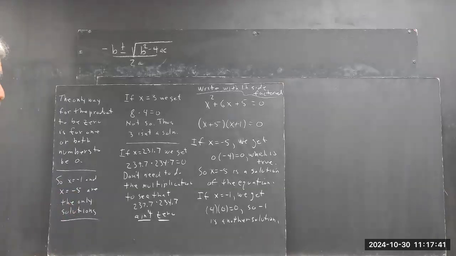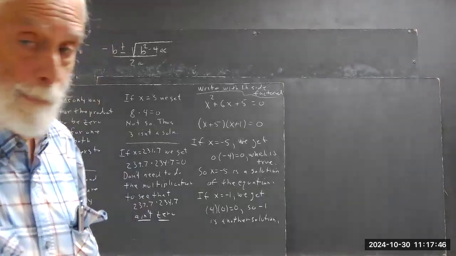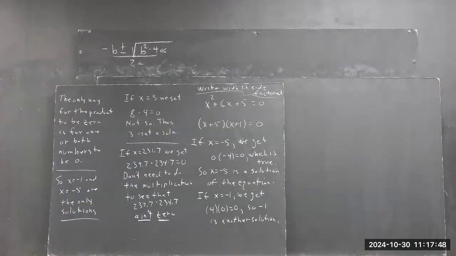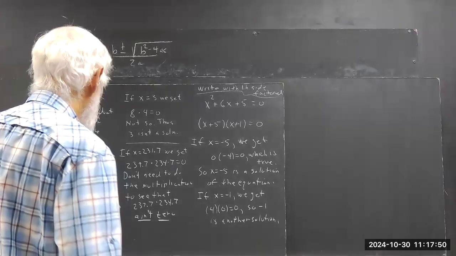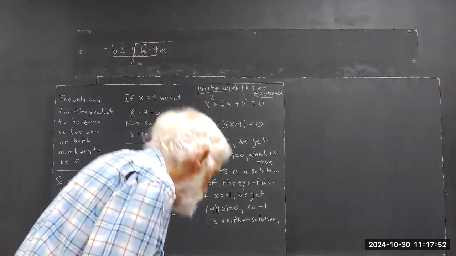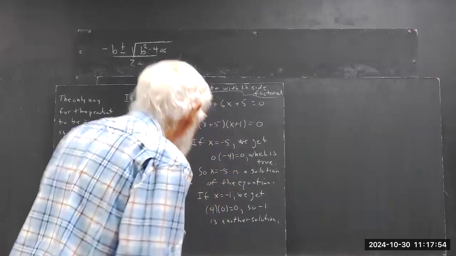So -1 and -5 are the only solutions. Make sense? Okay. Well, that's called the 0 property of multiplication.